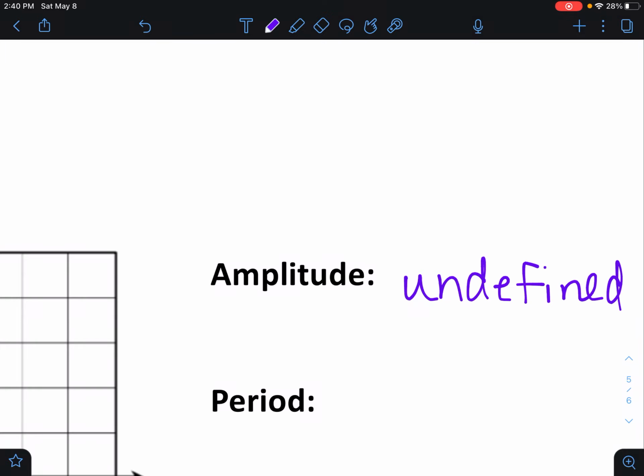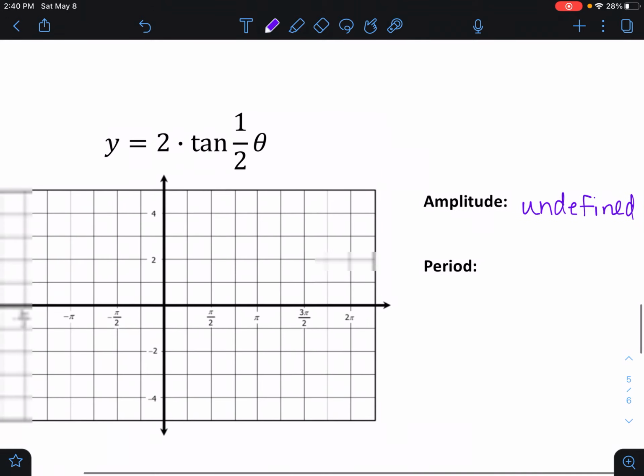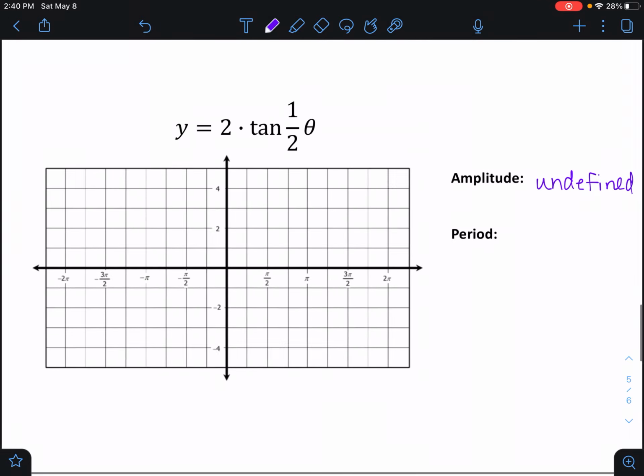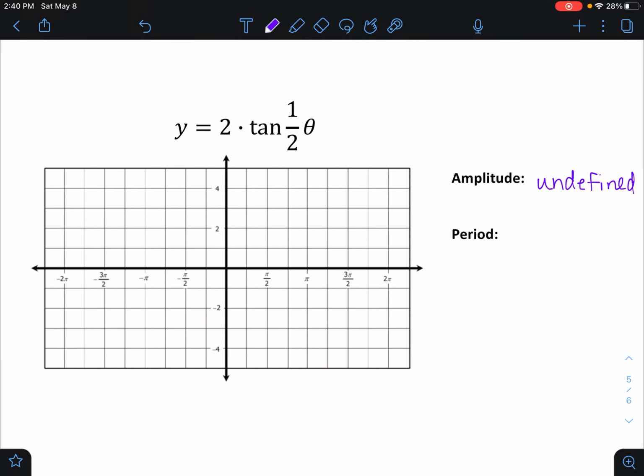And then the 2 will still impact what the graph looks like, but our amplitude is undefined. Our period is going to be pi, tangent is pi, not 2 pi, divided by a half. So this would multiply by the reciprocal, and so we would get 2 pi.